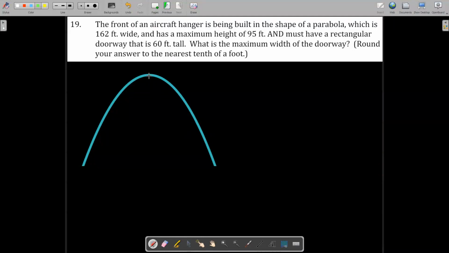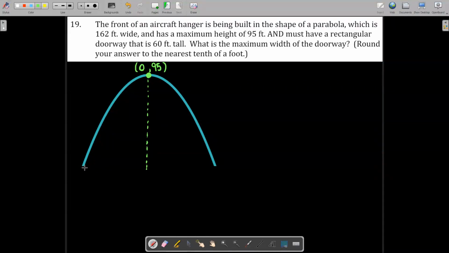All right, so this is the tallest point of the hangar, and it says the maximum height is 95 feet. If we imagine this as a coordinate grid plane, the y value, the height value, would be 95. And I think the easiest way to think about this problem is if we just make the center 0, right?